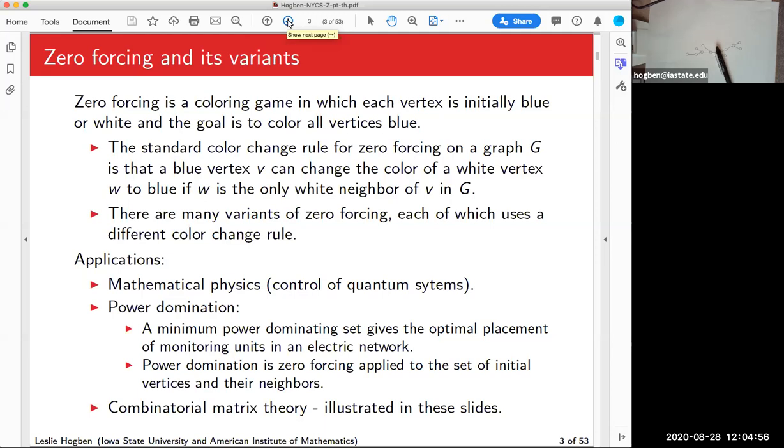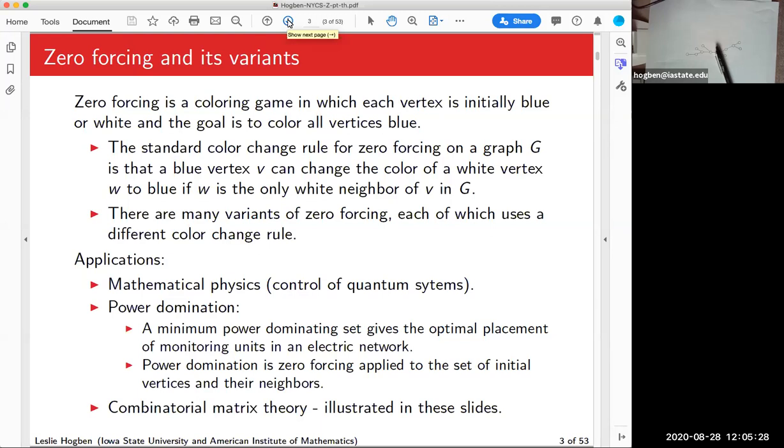And it turns out that the direct observations are domination, meaning you observe all your neighbors. And then if you treat those vertices as blue or observed, then you can proceed by zero forcing, as just described. When there's exactly one white neighbor of a blue vertex, it can be colored blue or observed. And this is really critical to maintaining safe and stable electrical networks.